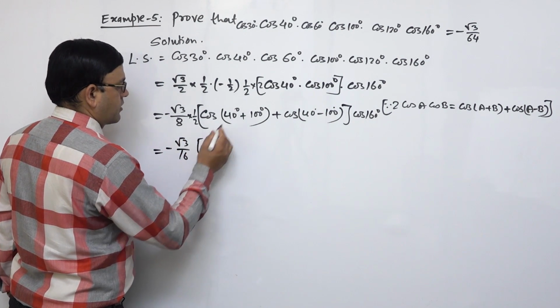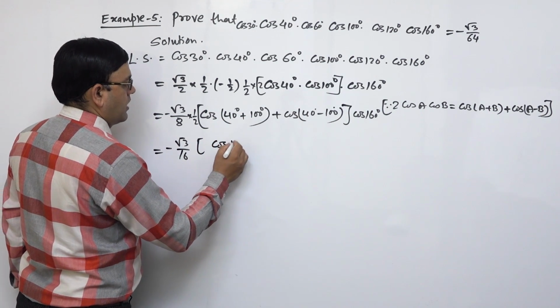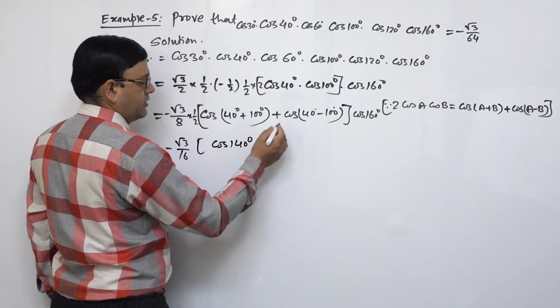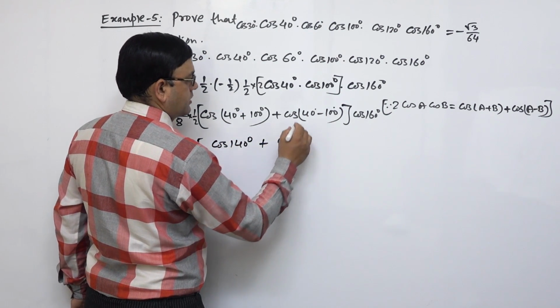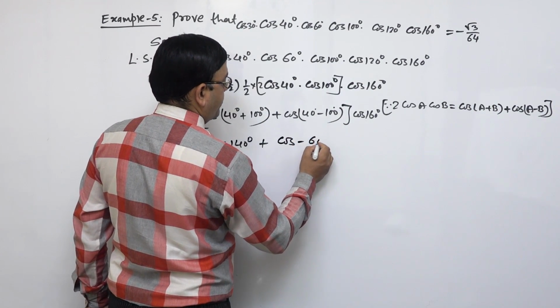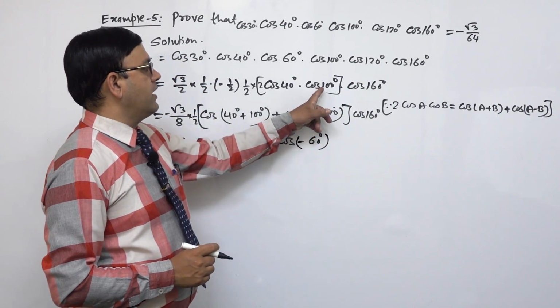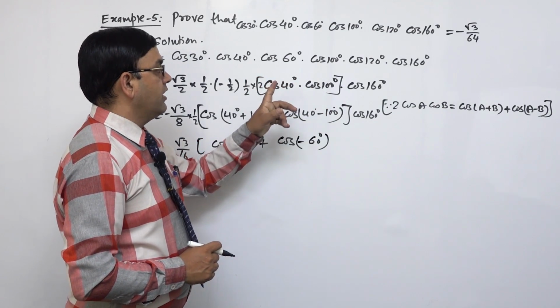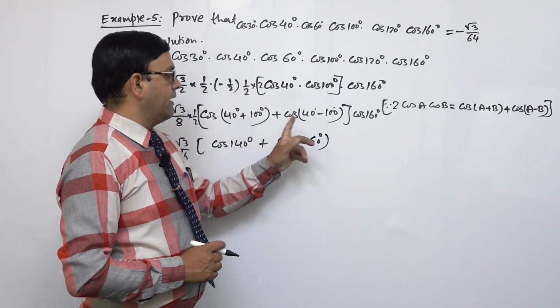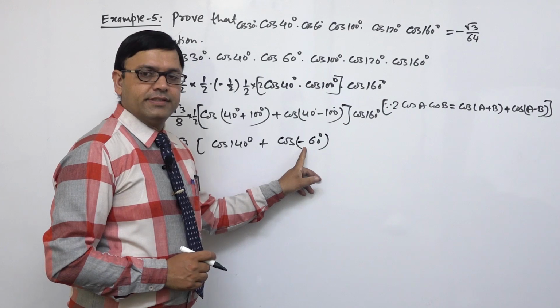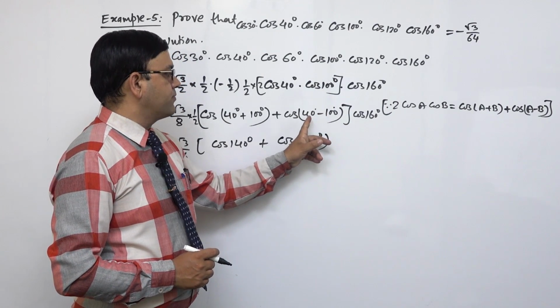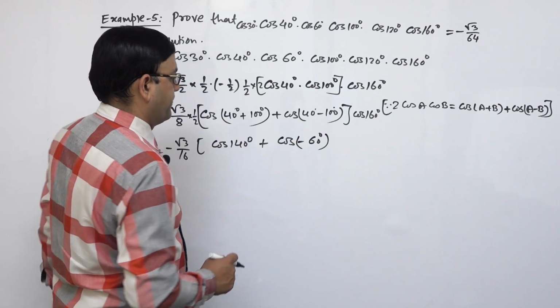This means cos 140 degrees plus cos minus 60 degrees. Students, we can suppose this as A and this as B also. If you suppose like this, it will be 100 minus 40, and it will be plus 60.